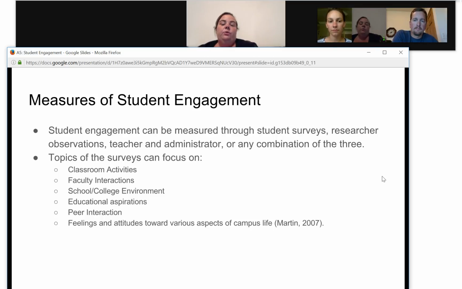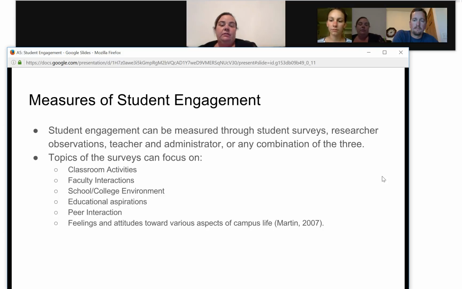Next. So a few measures of student engagement. Student engagement can be measured in a variety of ways. Student surveys, teacher and administrative surveys, observations, or any combination of those have been used to research and measure student engagement.